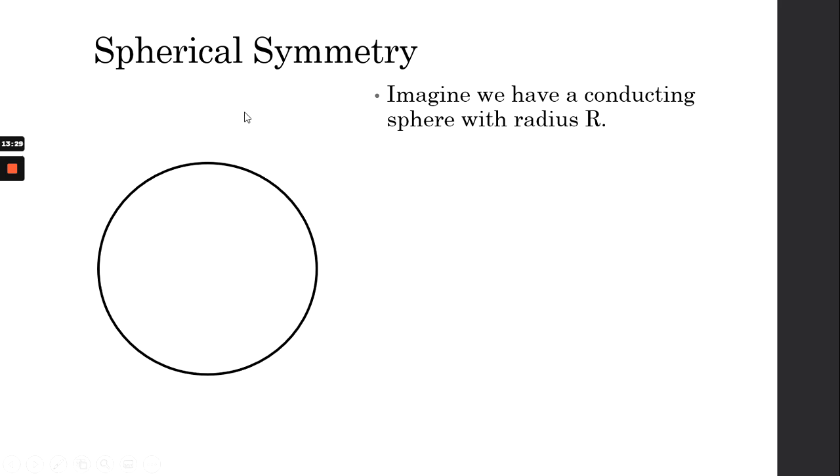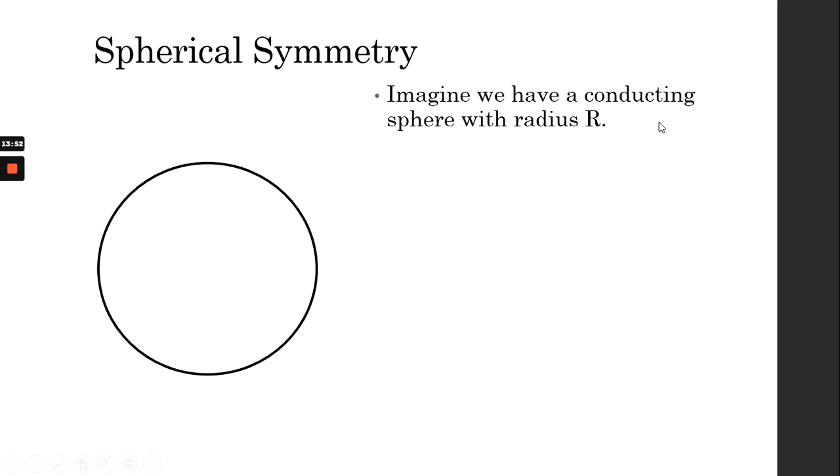So imagine this circle right here as a sphere. Even though it's drawn in this space like a circle, I want you to think of this as a metal ball. And since this is conducting, remember what we just discussed earlier, the conducting part tells us that the charge of this object is on the surface. It's not inside.